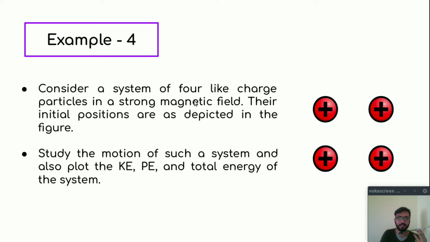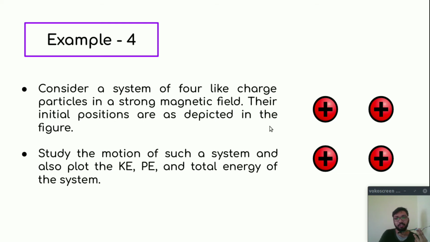This problem is very much similar to this third example. So this problem says that consider a system of four like charged particles, as we have seen in the third example. These particles are in the presence of a strong magnetic field. Okay, so this magnetic field is going to be much stronger.